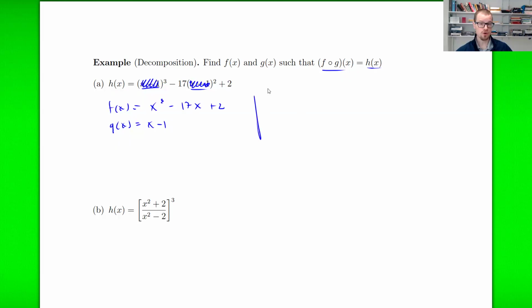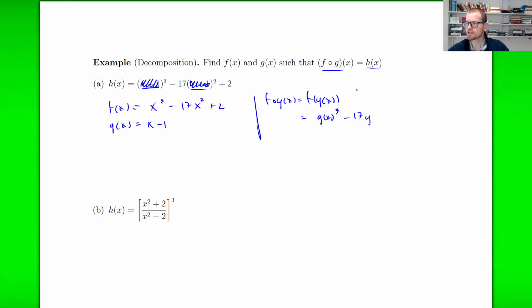Now, as a way to observe what's going on and verify our solution, we can find the composition. f of g of x: we're going to take the function f and plug g into it. So g of x cubed minus 17 times g of x squared, plus 2.